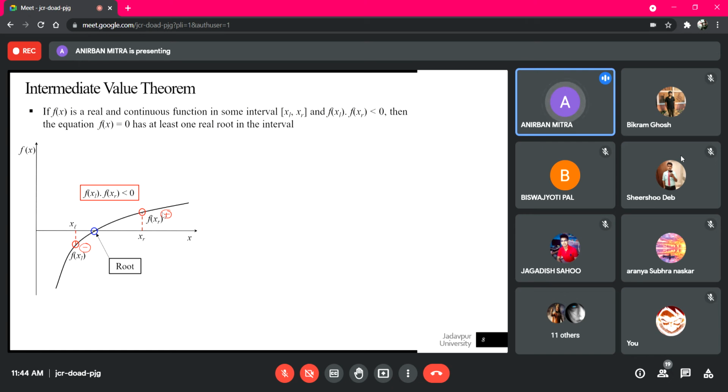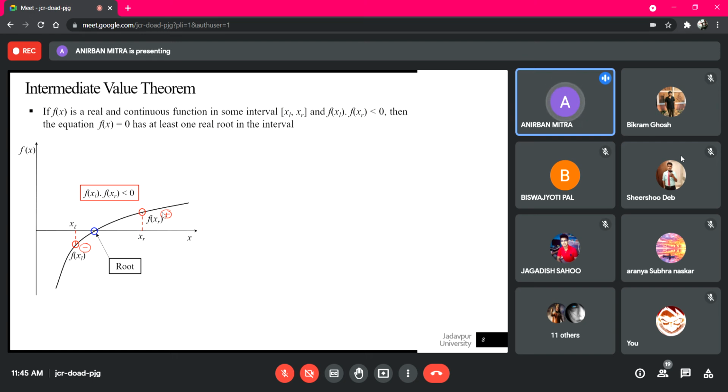If you think about it, it's quite simple really. At one point, the function has a negative value. At a later point, the function has a positive value. So in between, it must have crossed the x-axis. When it crosses the x-axis, the function has a value of 0. So that would be the solution to the equation. That is the root. So this is what is stated in the intermediate value theorem.